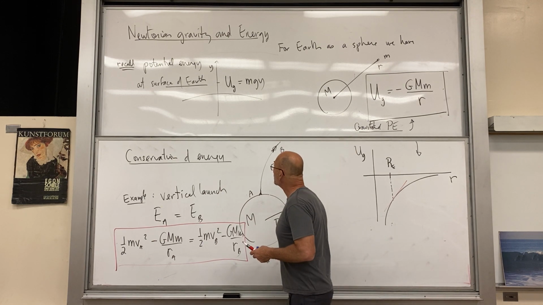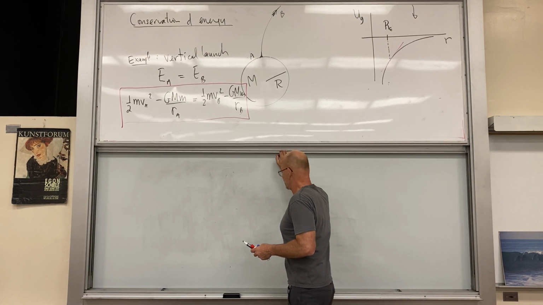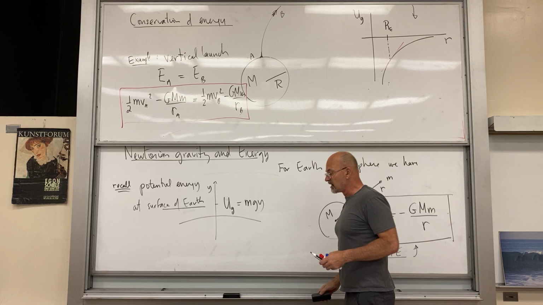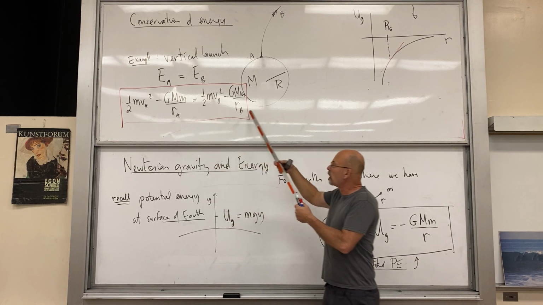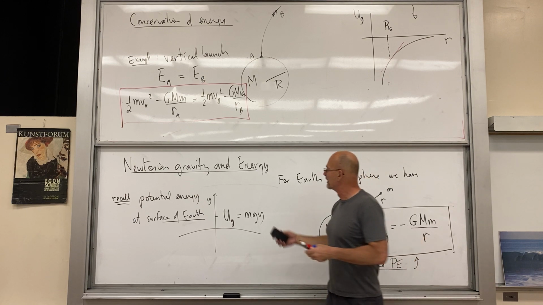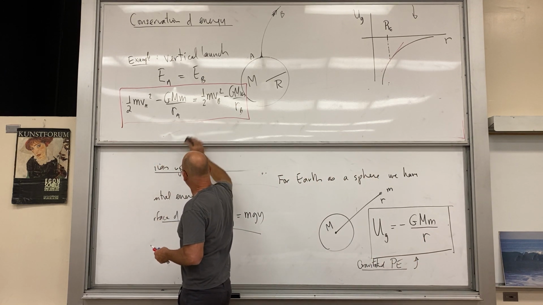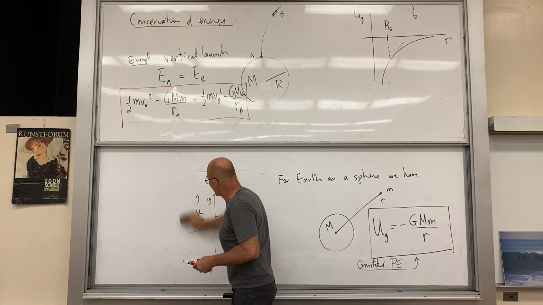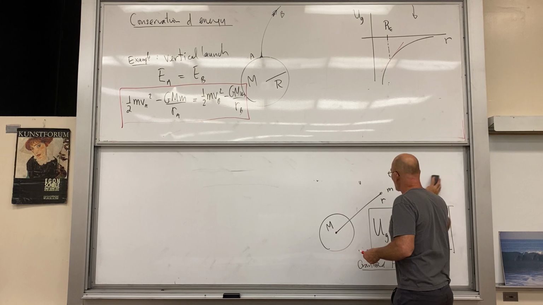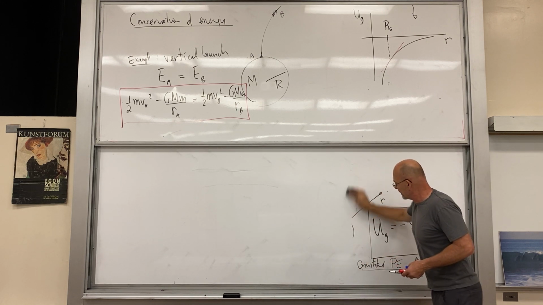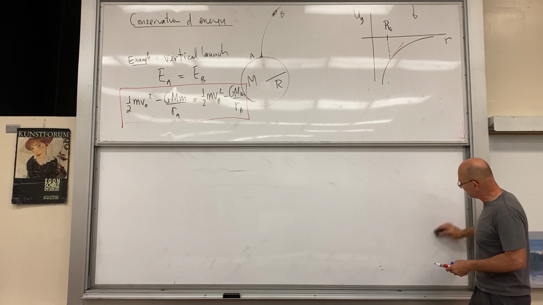And now we're going to do an example of launching from the surface of Earth and launching all the way out to infinity. So this here is the general statement for energy conservation around a central body, or just with respect to Newtonian gravity.